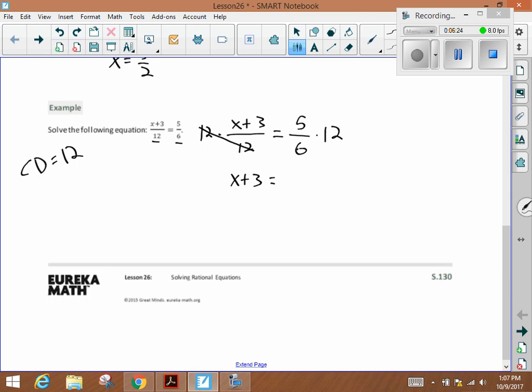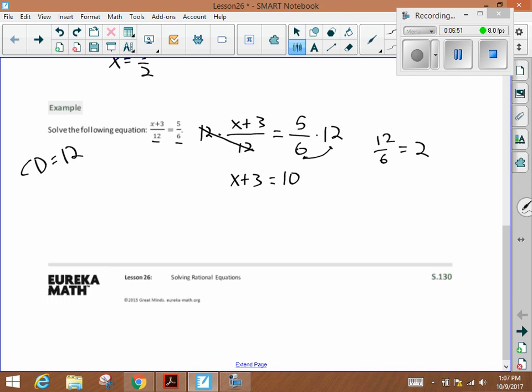Over here, I'm going to do the shortcut method of doing this, where you see that these two here, isn't that 12 divided by 6, which is 2? So that means that I could just multiply my numerator by 2. All right, that's the shortcut.